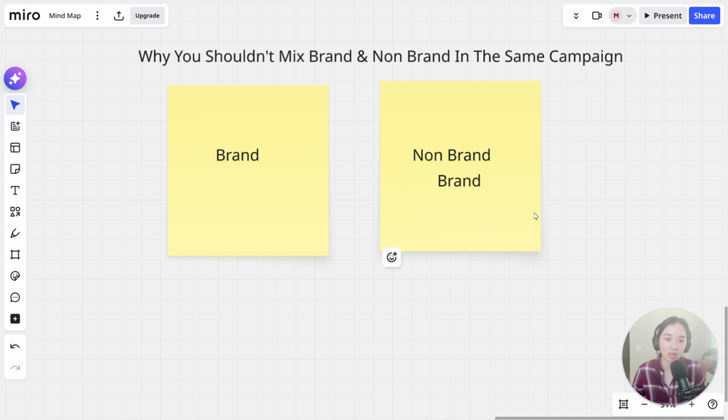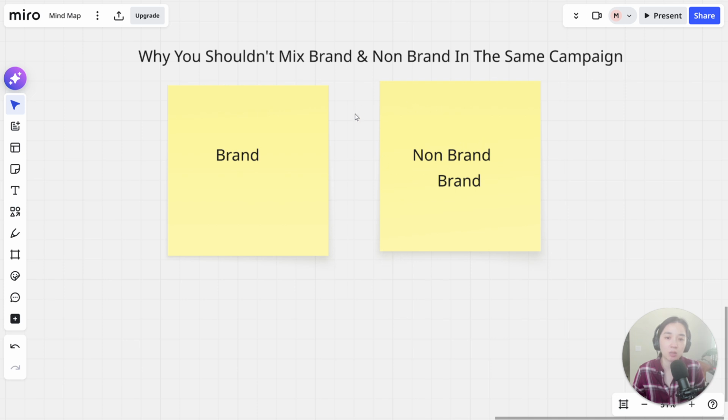Okay, let's scale up our non-brand campaign. But what is actually happening here is that branded keywords are coming in at like $10 cost per acquisition, and your non-brand keywords are coming in at, let's say, $50.